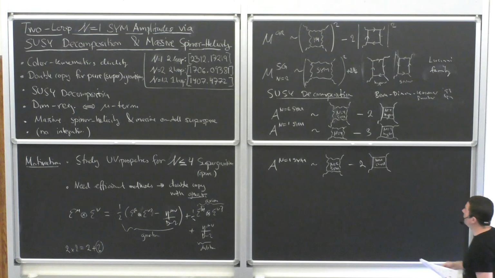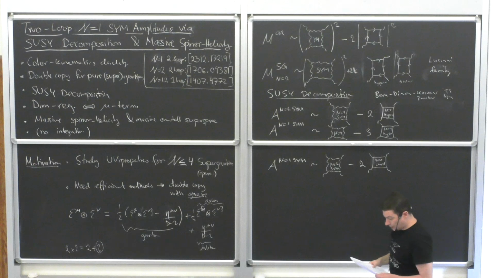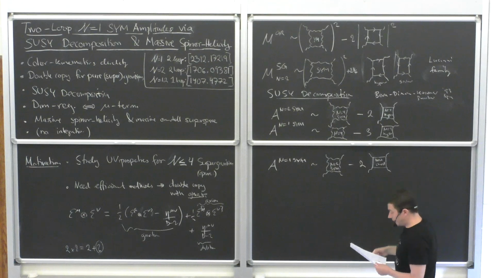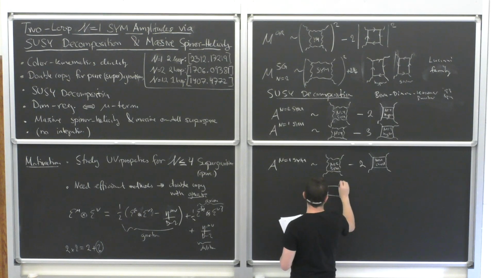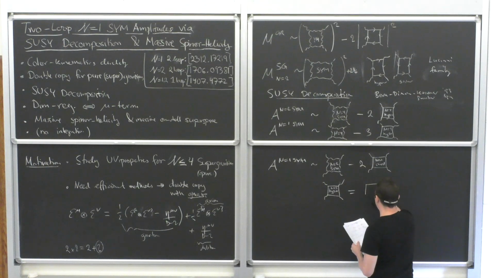Okay, so this is how I get the pure super-Yang-Mills. But let's say I want to get some matter, so I want to get a hyper. There are also relations for those. For example, I can decompose my n equals 2 hyper in terms of n equals 1 chiral multiplets.